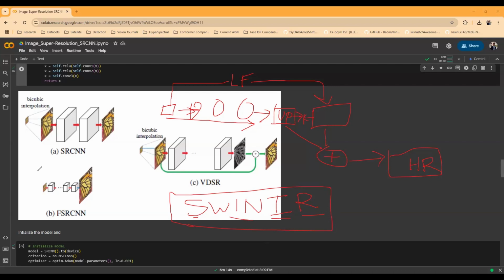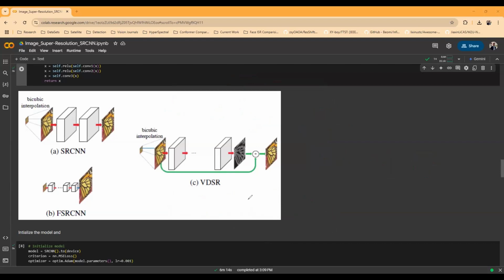So one basic difference between the Swin network used for classification and the Swin network used for super resolution or image restoration is that we are not decreasing the image features into just one or two or some fixed classes of vectors.